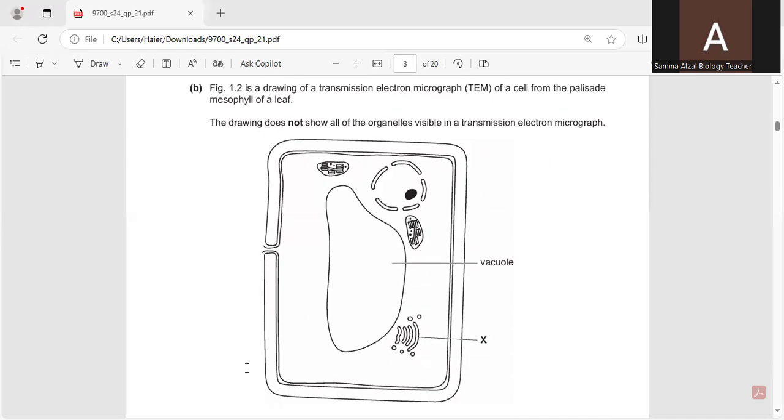First of all, we are going to draw one mitochondrion. Mitochondria are rod shaped, with a double membrane structure, and cristae are there.